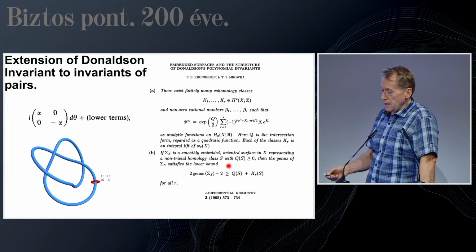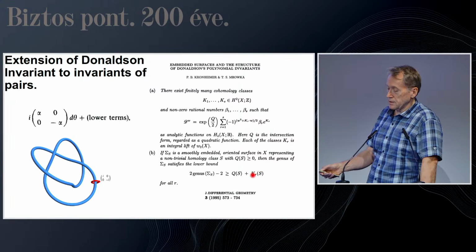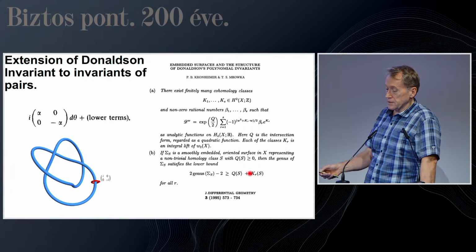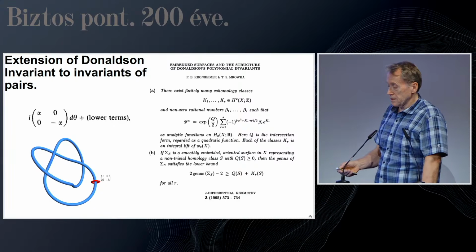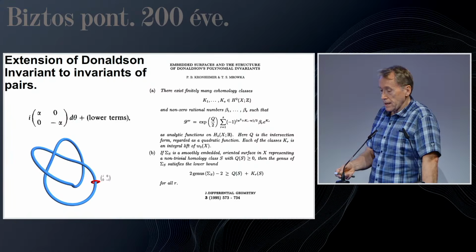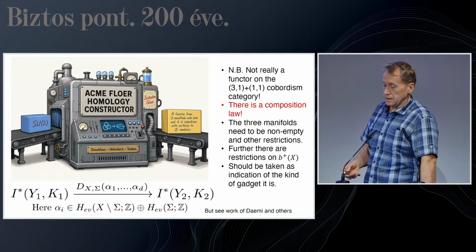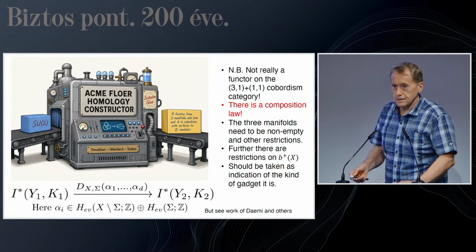And in particular, for classes of non-negative square, you had this adjunction inequality. So these basic classes, as Peter mentioned, you might think of as generalizations of the canonical class. If this was a complex curve in a complex surface, this would be an equality when K is the canonical class, or minus the canonical class.